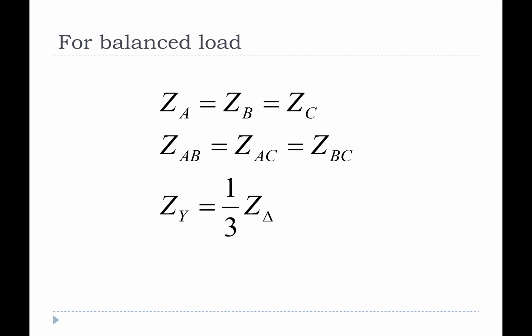You'll see for the balanced system, we are able to derive this: ZY is equal to 1/3 Z delta. So we could replace the delta impedances with impedances that are 1/3 smaller, and if it's in a Y configuration, an external circuit is not going to be able to tell the difference.